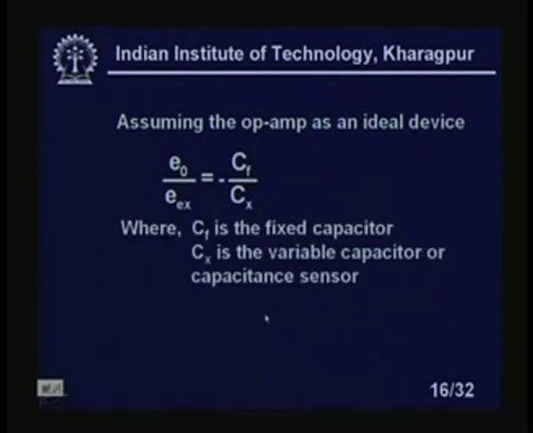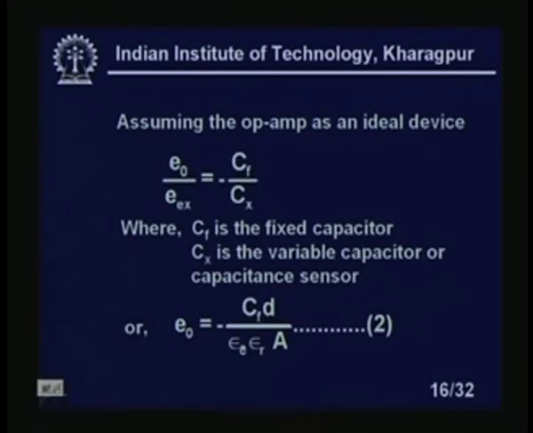Here Cf is the fixed capacitor, and Cx is the variable capacitor or capacitance sensor actually. Immediately we can write E naught equal to minus Cf times D by epsilon naught epsilon r into A. So, you see that we have linearized it, the output voltage is linearly proportional to D. So, our measurement becomes simpler if we use this type of arrangement.